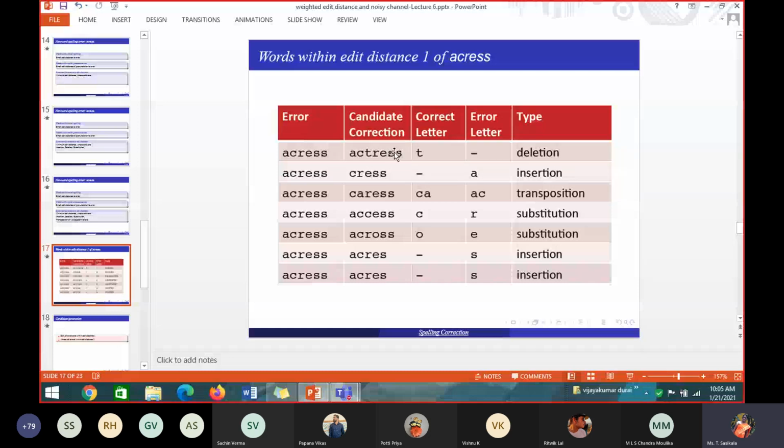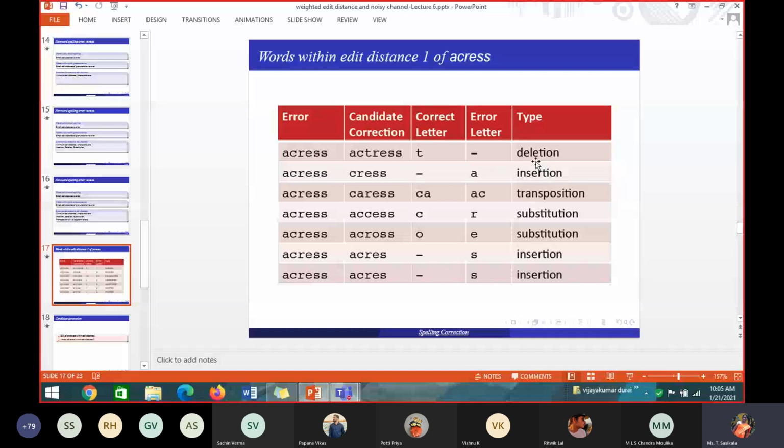Assume that I am having actress, but when I am typing on the keyboard, I have typed "acress". So what operation has happened here? I have removed a correct letter. T in the correct word is replaced by a dash in the error word. So T is removed, and deletion happens here.